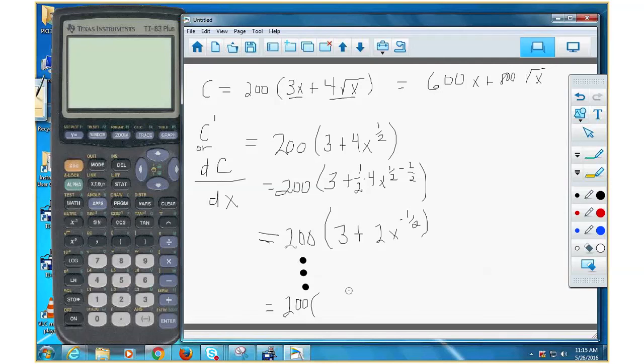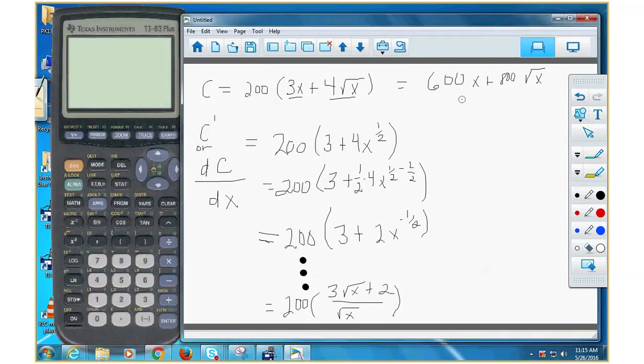Anyway, I got 200 times 3 square root of x plus 2 over the square root of x. Now, there's several ways you can write this, but that's probably the best one that I come up with. But you can work with it, and if you come up with it, that's fine. That's just simplifying.